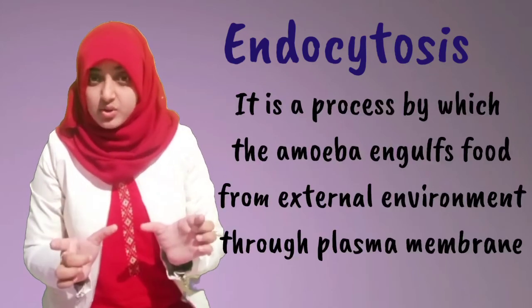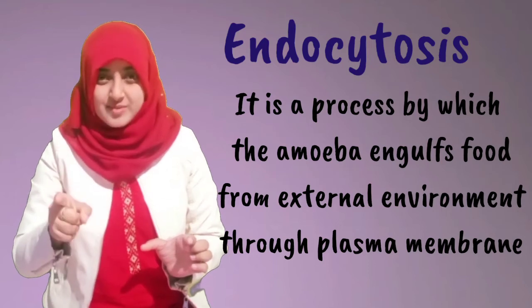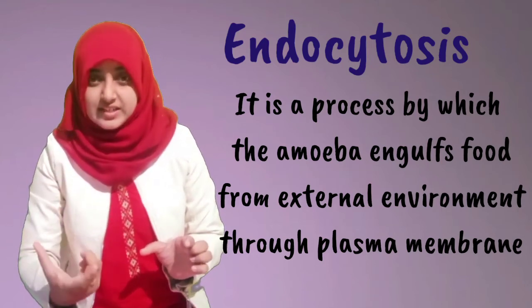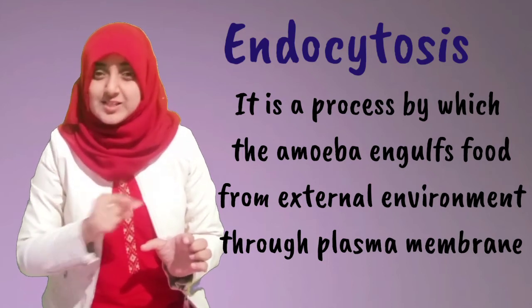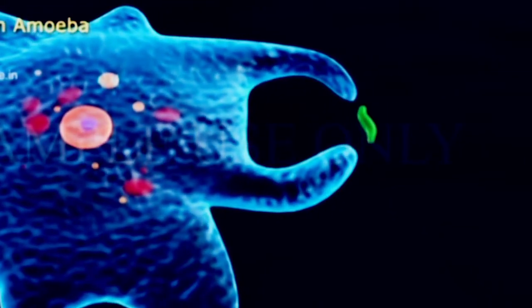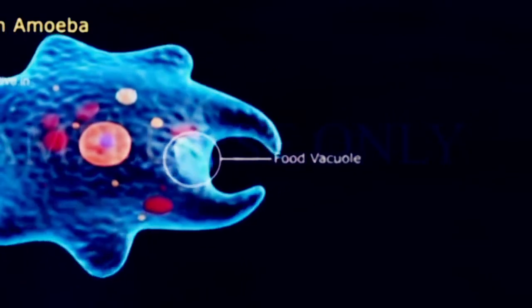Now this endocytosis is a process by which organisms like amoeba engulf or take in the food from the external environment through its plasma membrane. So here is a small video clip to understand the process of endocytosis happening in amoeba.